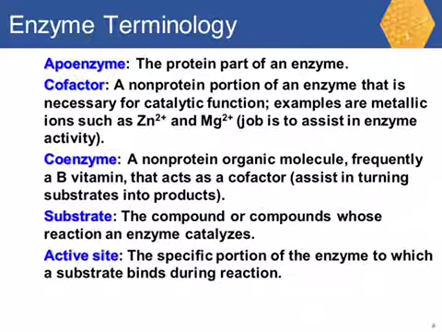This is often a B vitamin that acts as a cofactor, so it helps turn the substrates into products. So it's similar, okay, to a cofactor, as it's also non-protein, and it acts as a cofactor, but it's not actually part of the enzyme. It's in addition to.